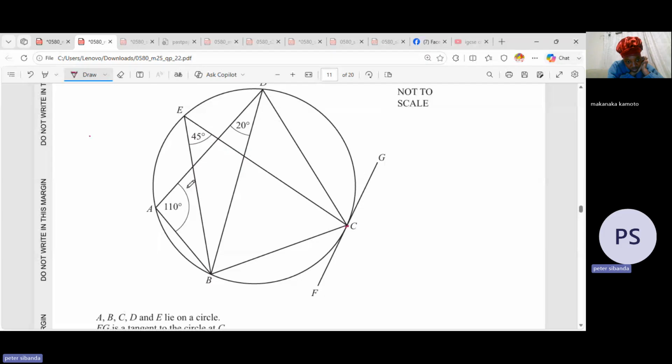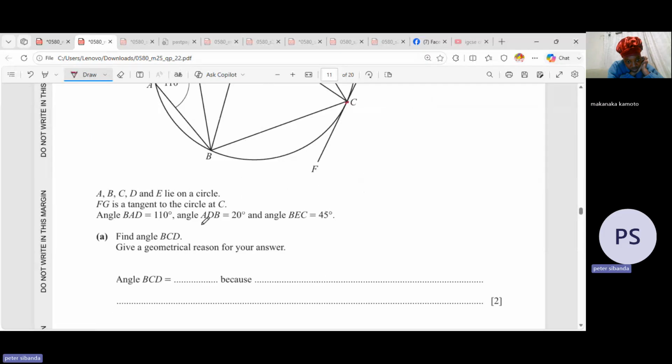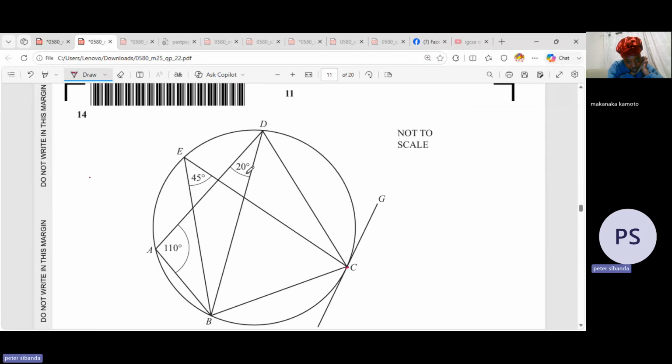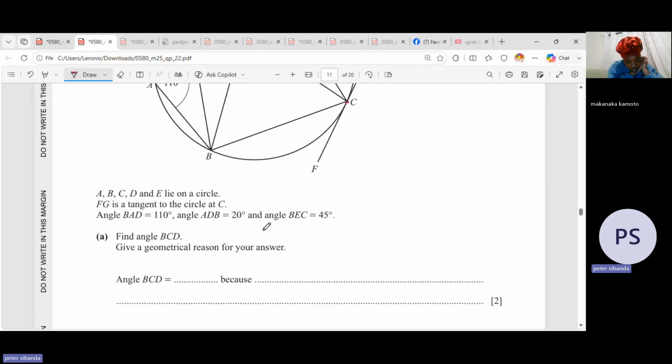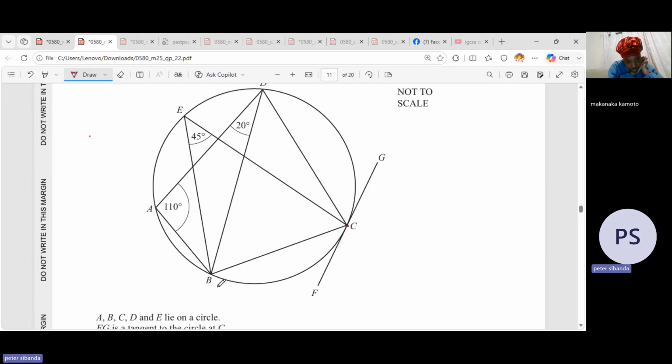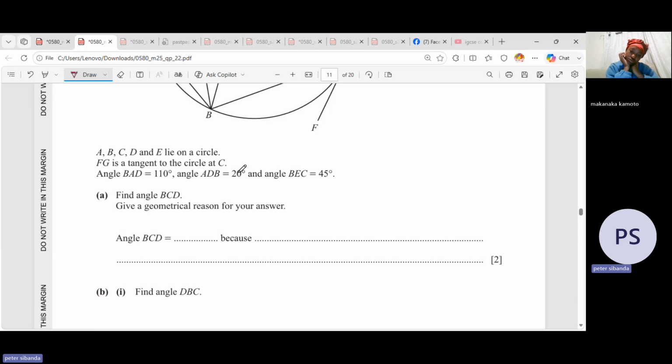It's well labeled. Angle ADB is 20. It's also well labeled. Angle BEC is 45. It's called BEC because from B you go to E, then you see there's an angle formed there of 45. All that is labeled.